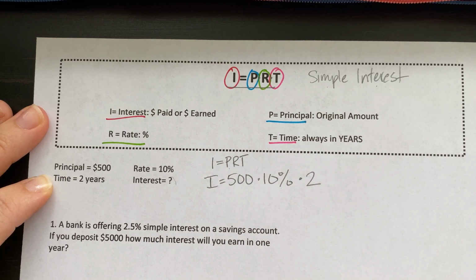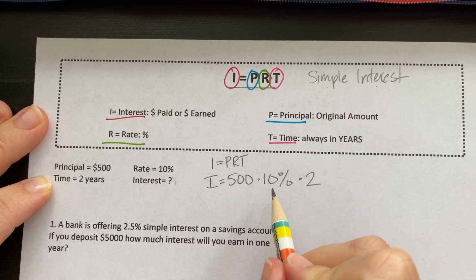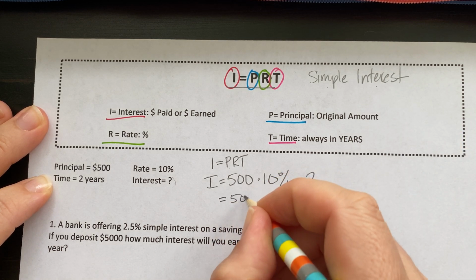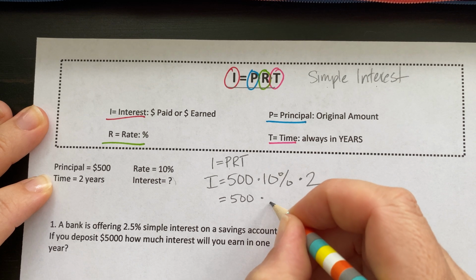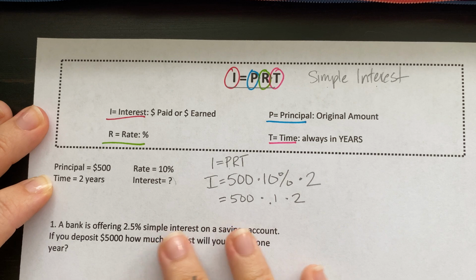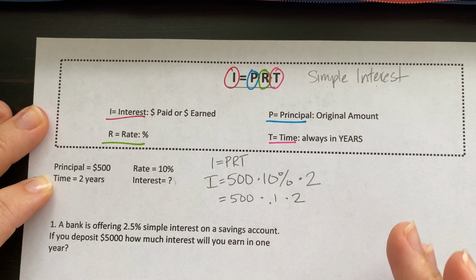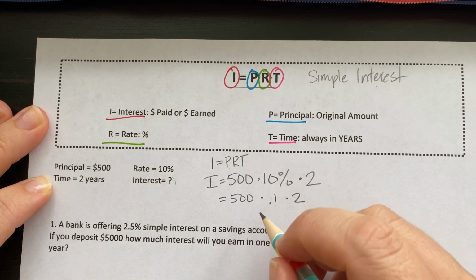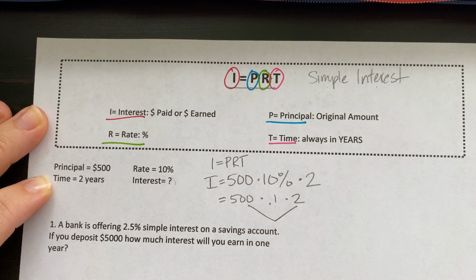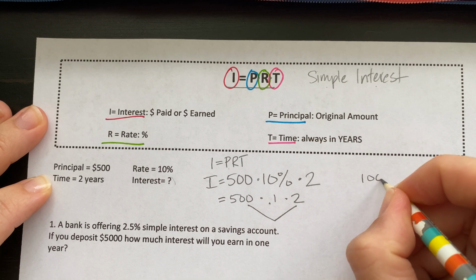Now, just like with percent of a number, what you need to do in these problems is change the percent to a decimal. So really, this is gonna be 500 times 0.1 times 2. Now, with multiplication, it doesn't matter what order you go in. I'm gonna start with multiplying 500 times 2, because I can do that easily. That would be 1,000.